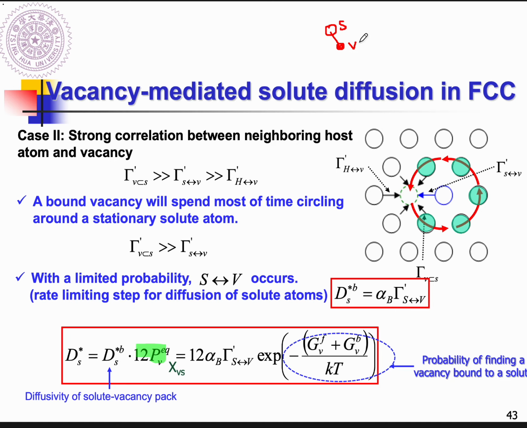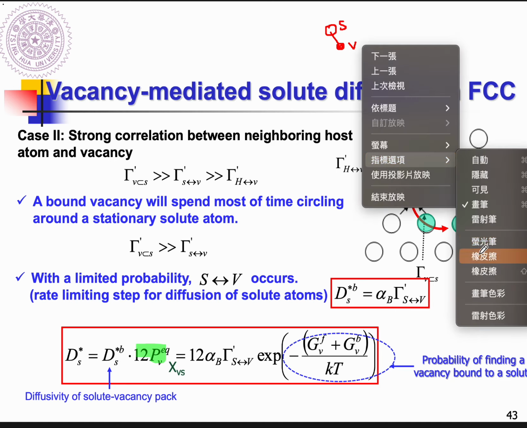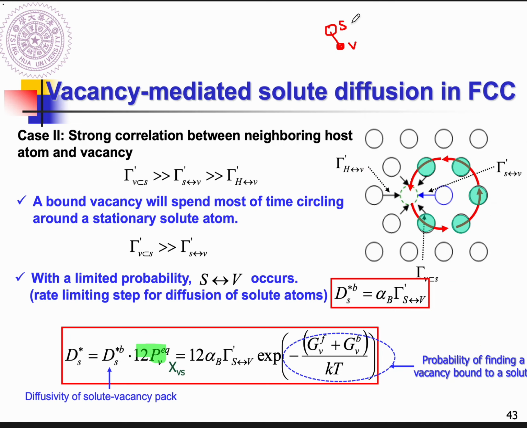As long as the host atom enables the solute to jump into the vacancy, then the vacancy will show up here, and because they are always a group, right? They will lead the solute to diffuse.